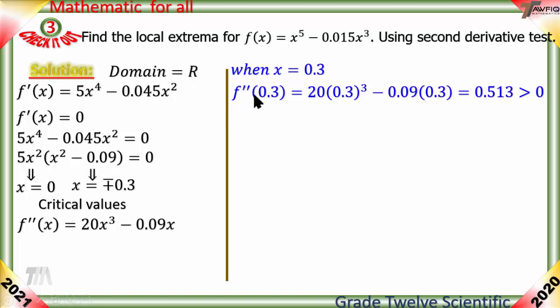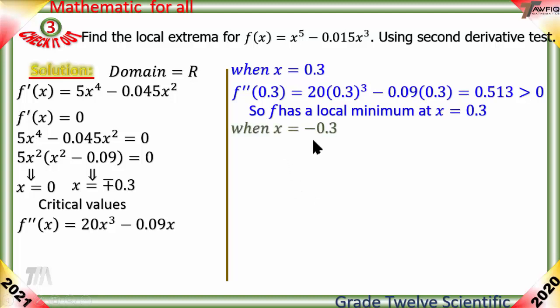The second derivative at 0.3 is equal to 20 times 0.3 cubed minus 0.09 times 0.3, which becomes 0.530, bigger than 0. That means it is positive. So x = 0.3 is a local minimum.